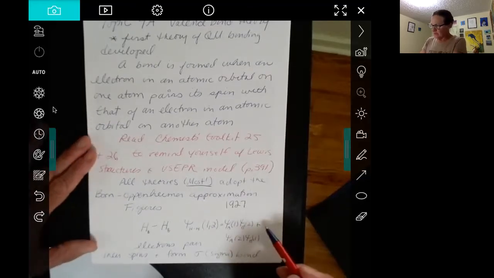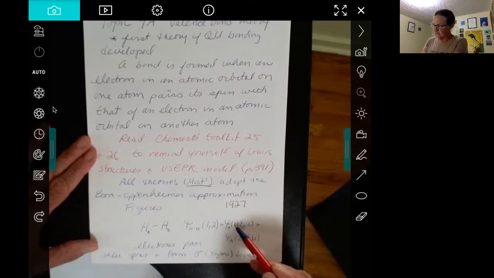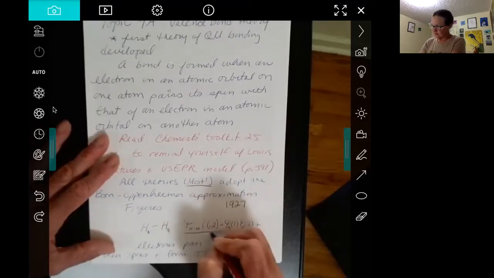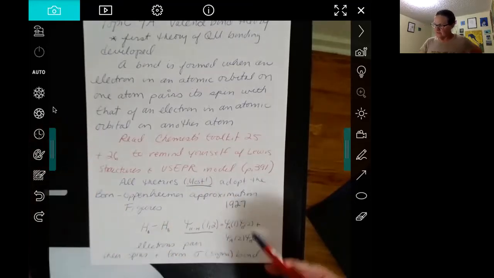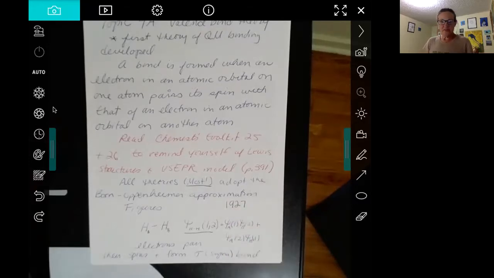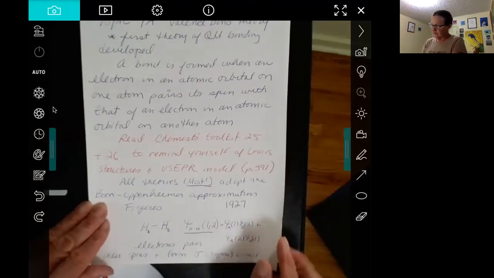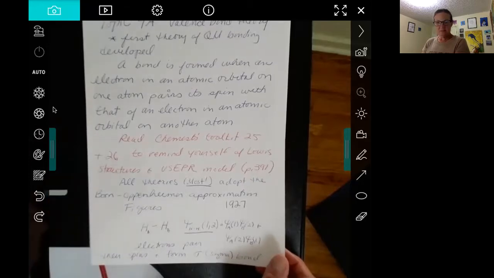So to really have a complete solution, you have to say one electron is on A and 2 is on B, but then there's also 2 is on A and 1 is on B. So the wave function for valence bond theory is created by adding together the orbitals on each individual atom. So a 1s here and a 1s there. So when the electrons pair their spins, they form a sigma bond.